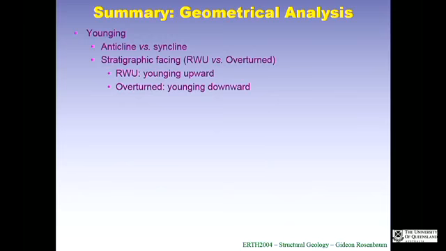So we talked about Younging, and Younging basically gives us information on whether we look at anticlines or synclines, and we can look at stratigraphic facing of a certain outcrop and work out whether we are in the right way up limb or overturned as far as the stratigraphy is concerned. Right? So in right way up, the Younging is upward, overturned, the Younging will be downwards. And unless we learn how to see sedimentary features, we are unable to do that.